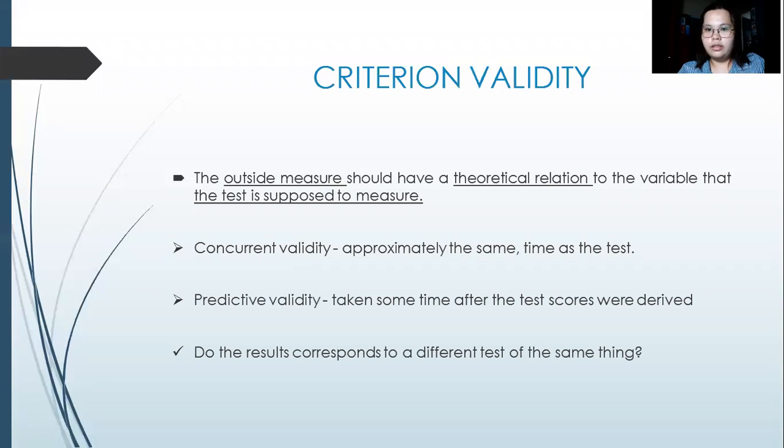Next naman, criterion validity. Criterion validity is the outside measure should have a theoretical relation to the variable that the test is supposed to measure. So dito sabi, do the test results correspond to a different test of the same thing? Okay, sabi dito, the ultimate aim of criterion validity is to demonstrate that the test scores are predictive of real life outcomes.